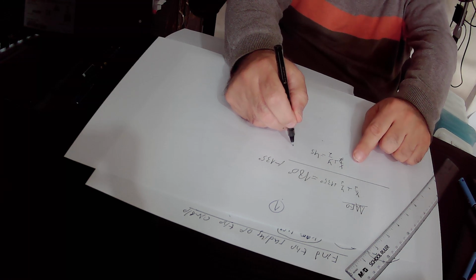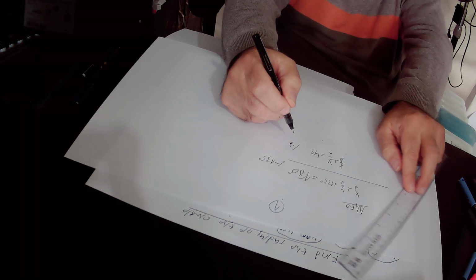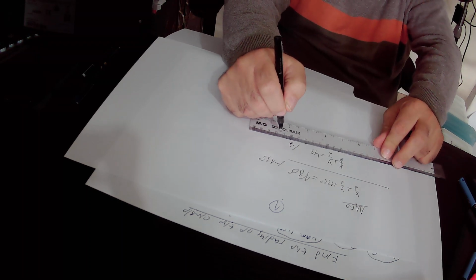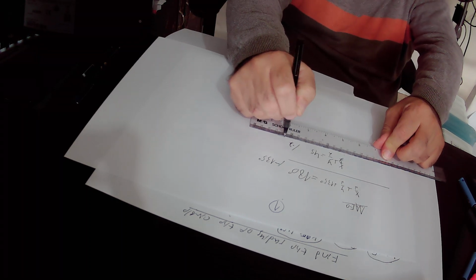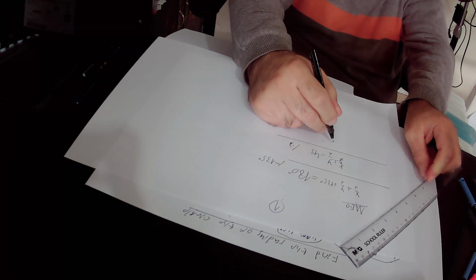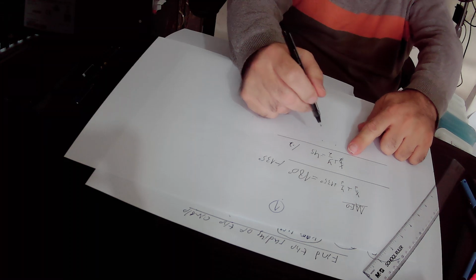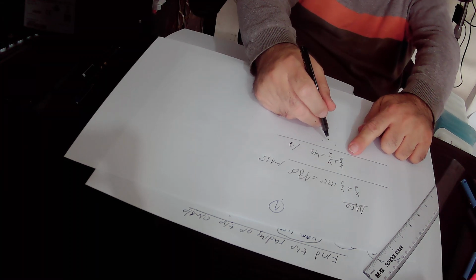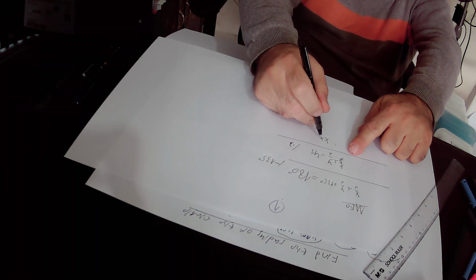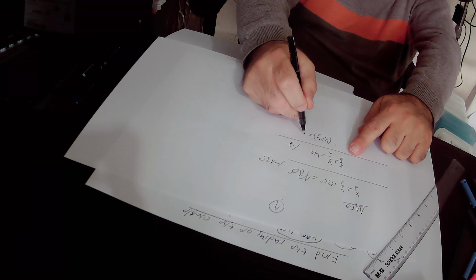We multiply this equation by 2, and we get that x plus y equals 90 degrees.